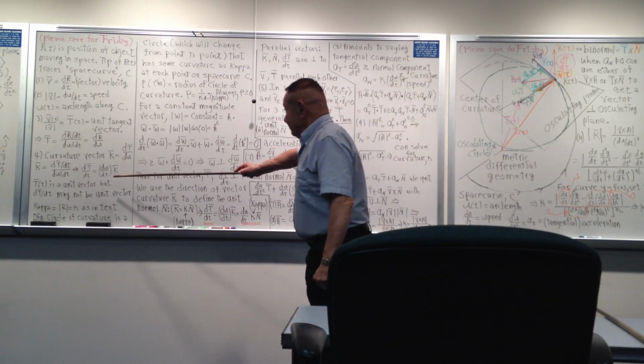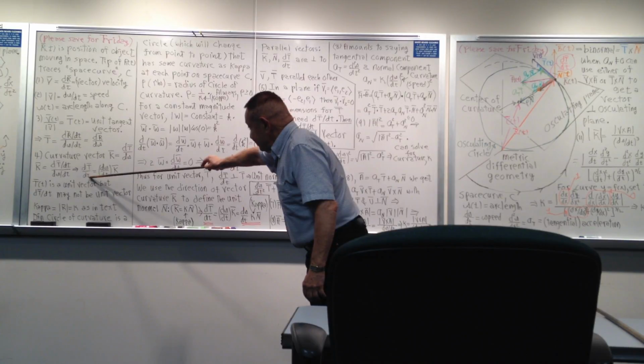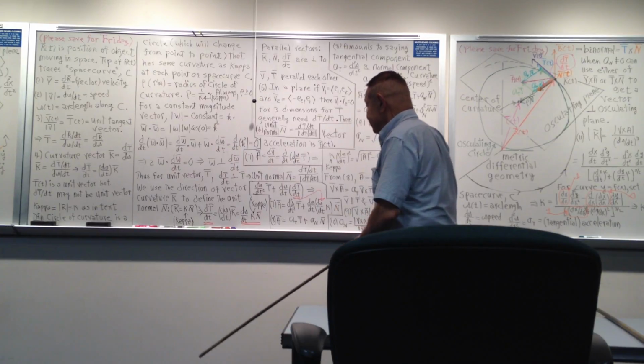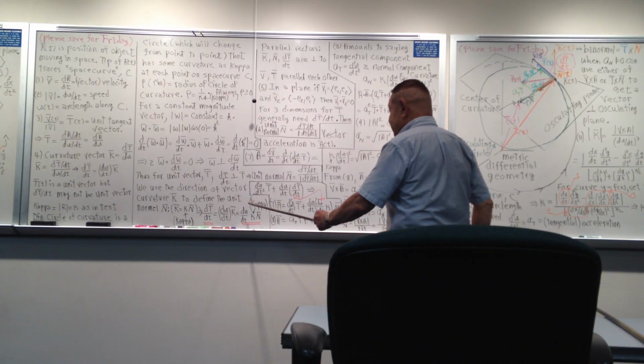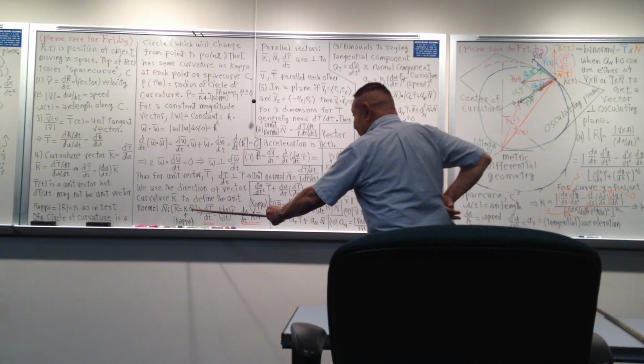So we can get this unit normal vector by doing the derivative of the tangent vector, which, as I said, is not necessarily itself a unit vector, but divide by its magnitude, and then that quotient is. So that's how we define the unit normal vector.